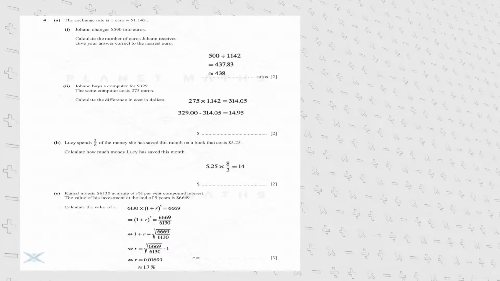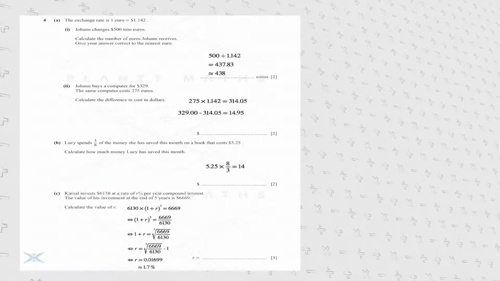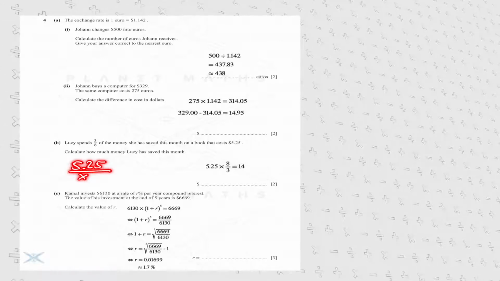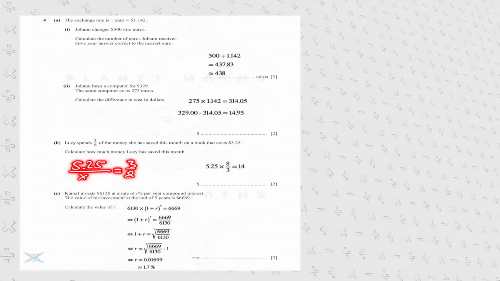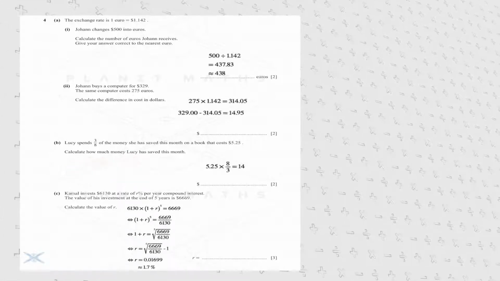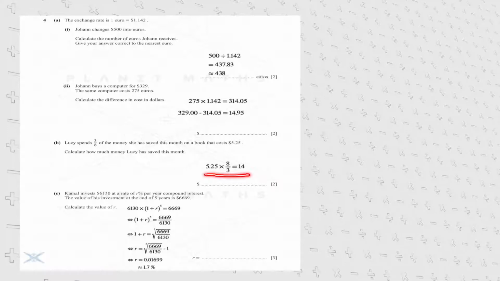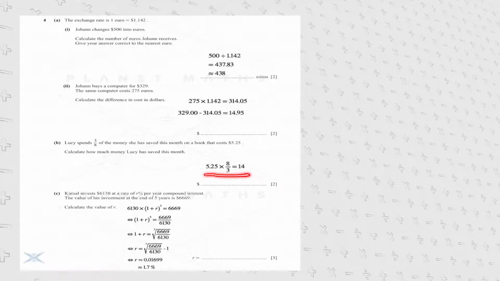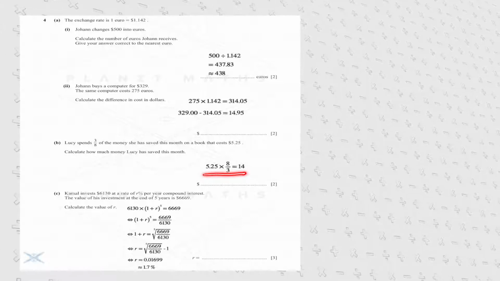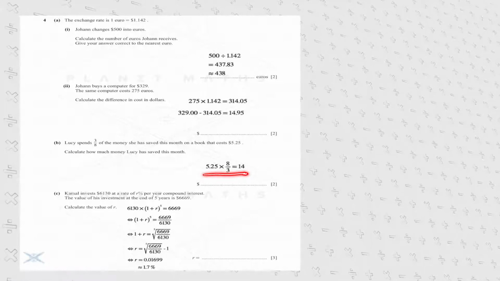In order to determine how much money Lucy has saved, we know that out of the entire sum, Lucy has spent $5.25, which equals 3/8. Therefore, we will have to rearrange this equation for X, and after doing so, we should be able to conclude that the money Lucy has saved this month is a total of $14.